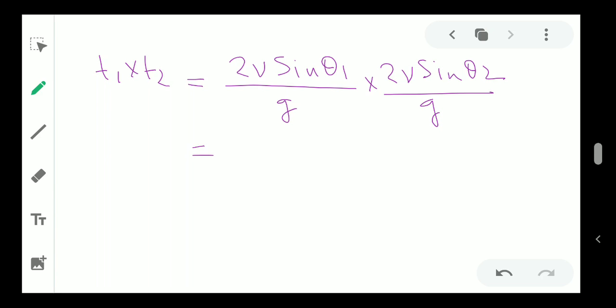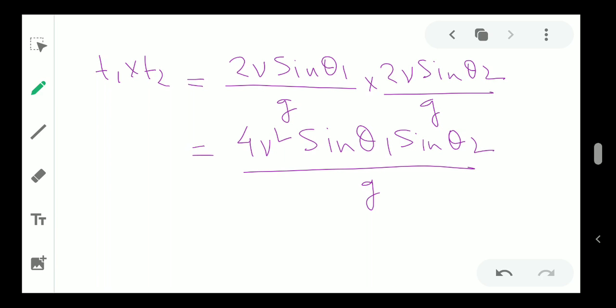So it is 2 into 2, let me write it as 4, later on I will take 2. So 4v square sin theta 1 sin theta 2 by g.